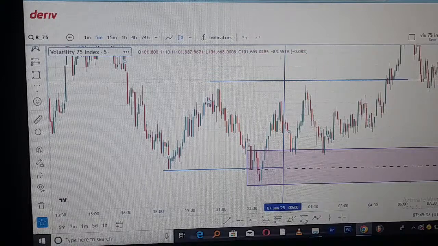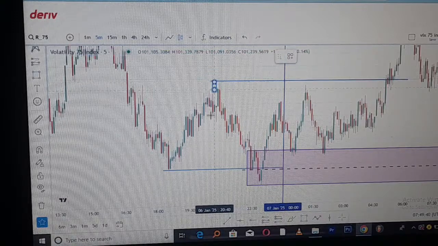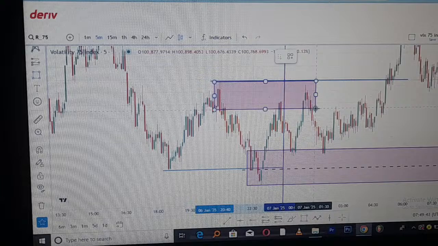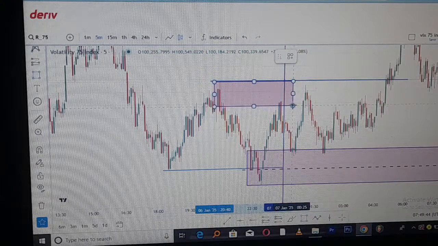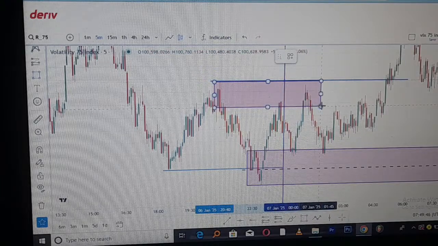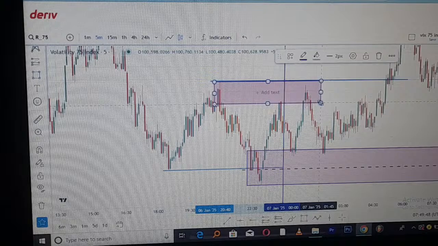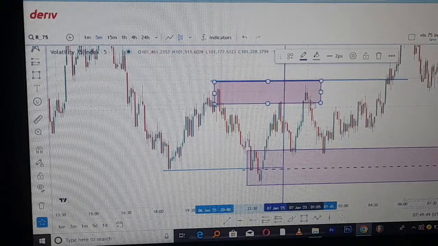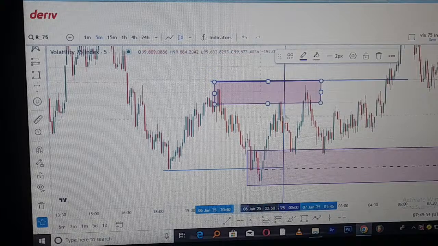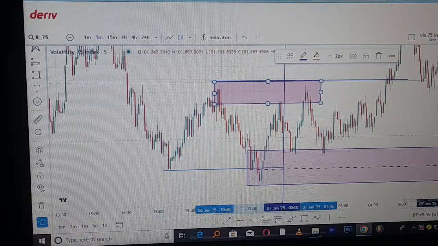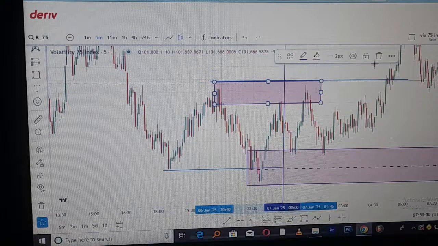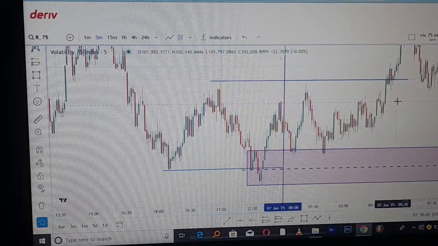We had this here, that is our order block, and then the market came and tapped inside of that order block. Are you getting the point? After tapping that order block, then we had to take our sale opportunities. So this is what we have to wait for around this area, so that whenever it happens, we take the buy. Are you getting the point?